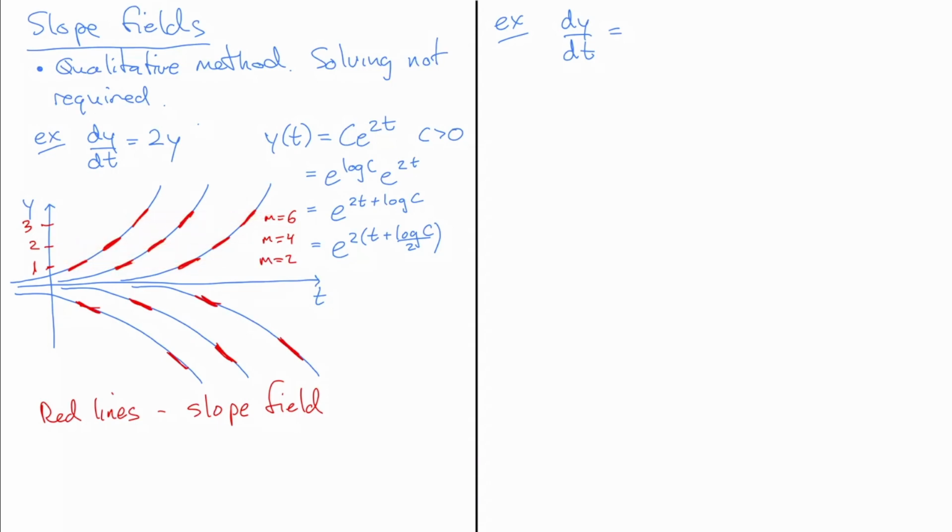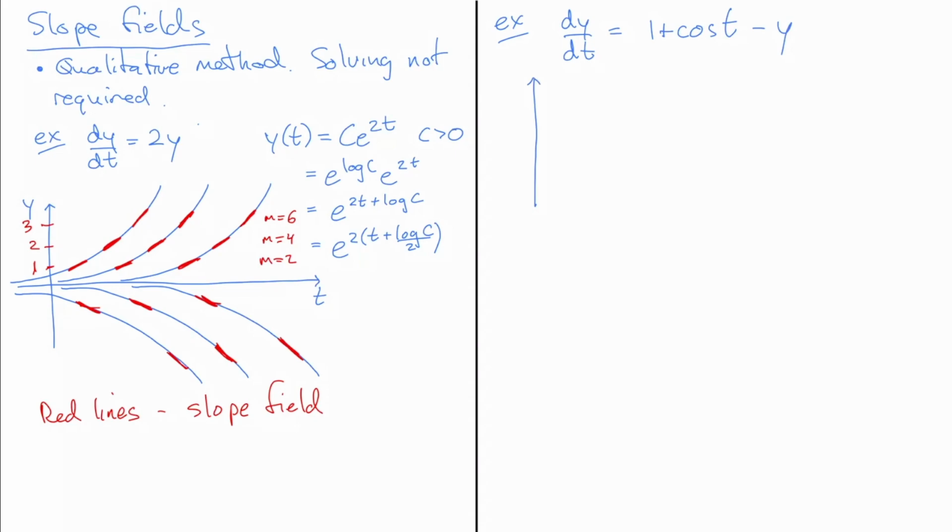But we can have a non-autonomous equation that has, let's say, I'm going to take a simpler version of the one that I had there. This is just going to be 1 plus cosine of t minus y. Okay, so let's try and draw the red lines without knowing what the solutions look like.